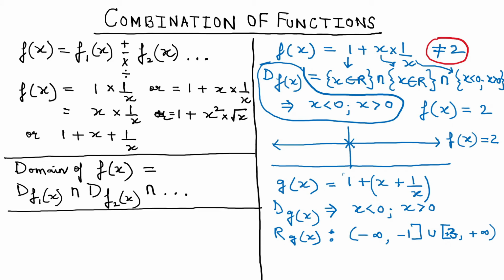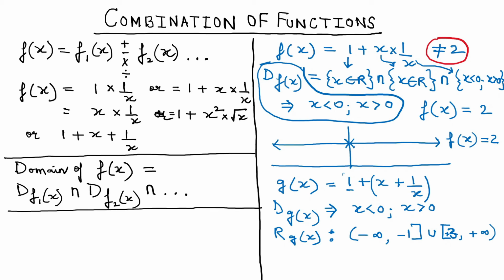Now this here refers to a constant function, 1, and x plus 1 by x. So you will see that for x being negative, the maximum value that you can get for x plus 1 by x is minus 2, and the minimum value that you can get here is minus infinity. When added to 1, you will say minus infinity to minus 1.